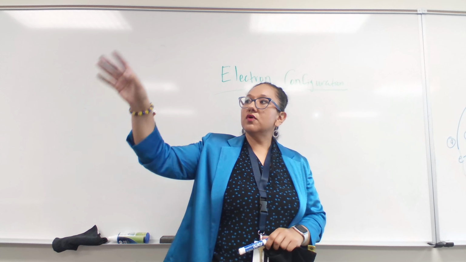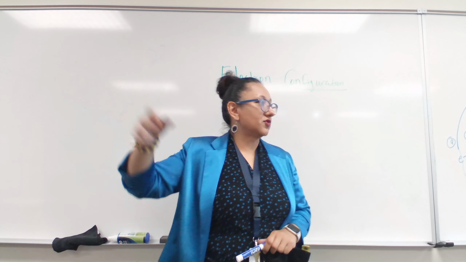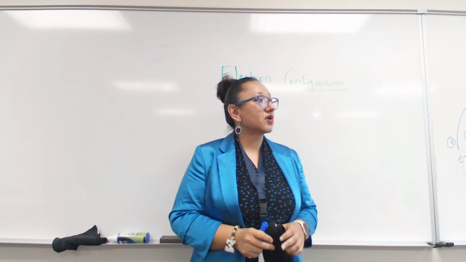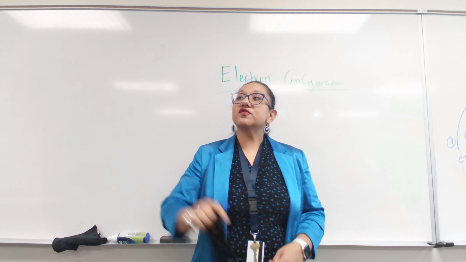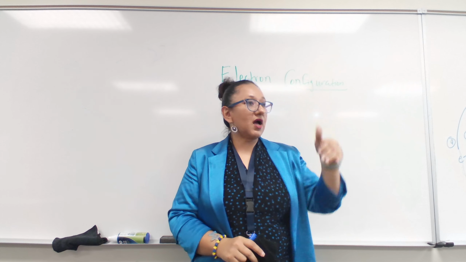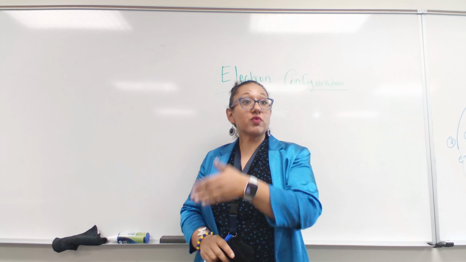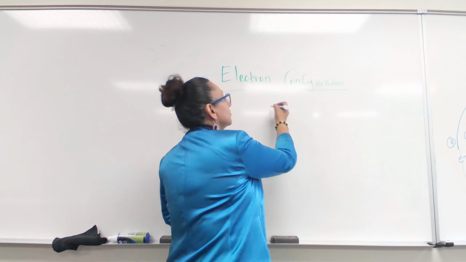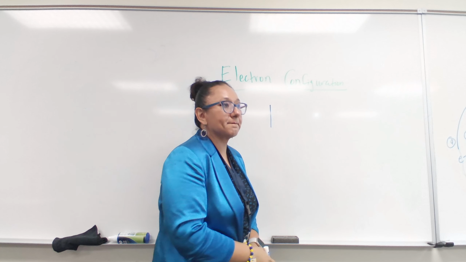So let's do nitrogen. If I want to get to nitrogen and I'm doing the electron configuration, I'm going to start at the top. Always start at the top. Work top to bottom, left to right. Row 1.